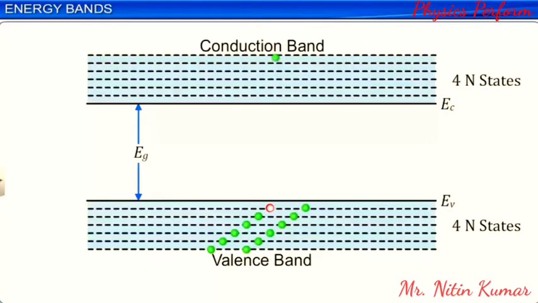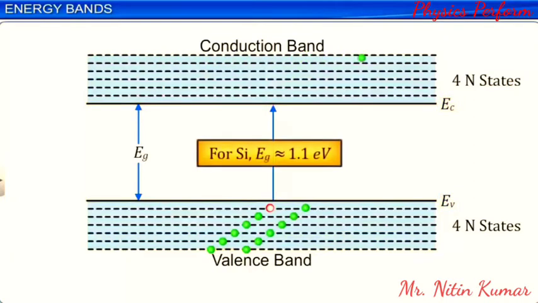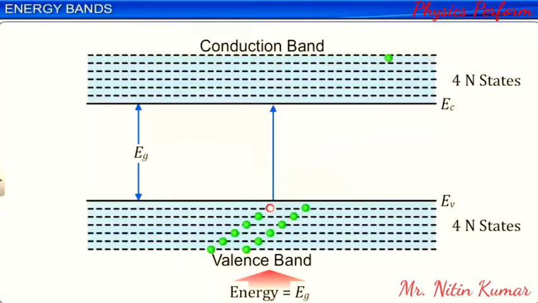Thus, there exists a band gap between the lower valence band energy levels and higher conduction band energy levels. For a silicon atom, this energy gap EG is about 1.1 electron volt. This means that for a valence band electron to move into the conduction band, it needs a minimum energy of 1.1 electron volt.